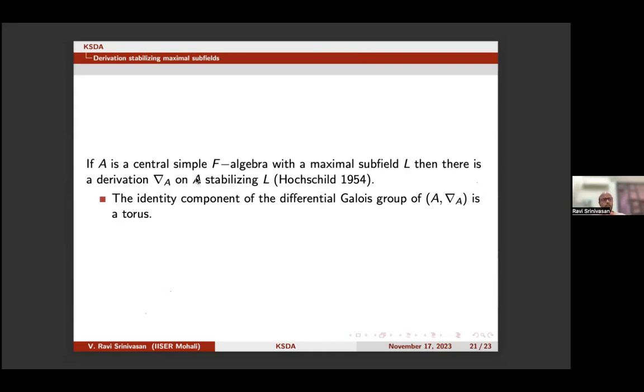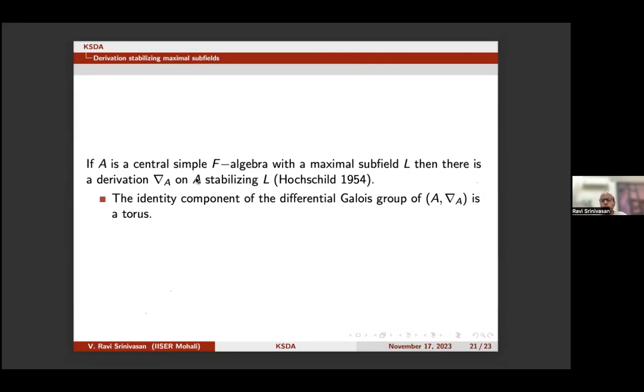Basically, you can take the minimal Galois extension containing L, and then you can show that it splits the central simple algebra. In our case, L is a separable extension, so L itself will split. Therefore, the smallest Galois extension containing L will also split.